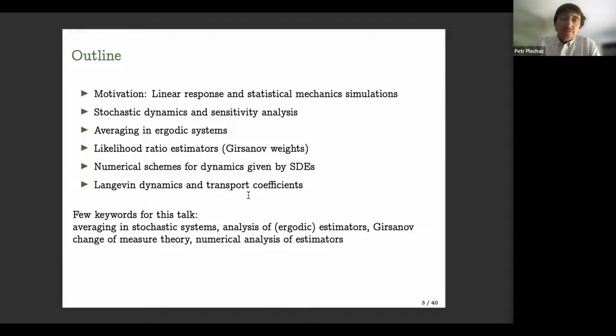And then if time allows, I'll show some examples with Langevin dynamics and some transport coefficients in molecular systems.